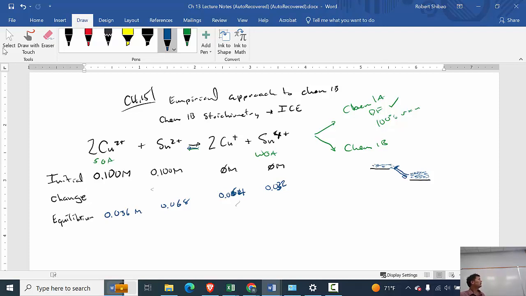Let me clean that up. So in Chem 1A, we would expect to have a 100% reaction of the limiting reagent, which we didn't.